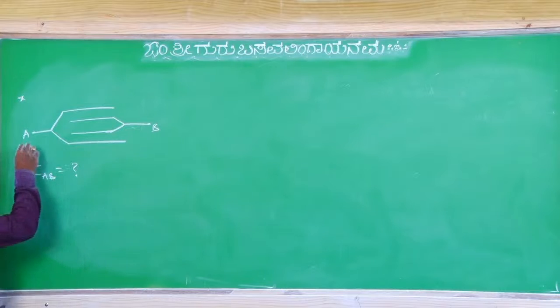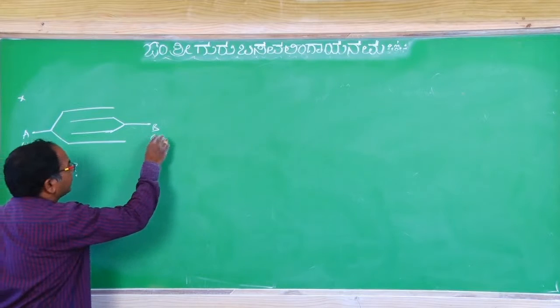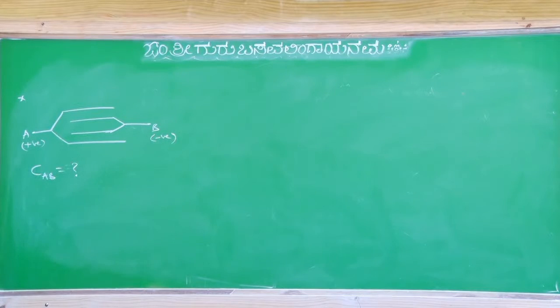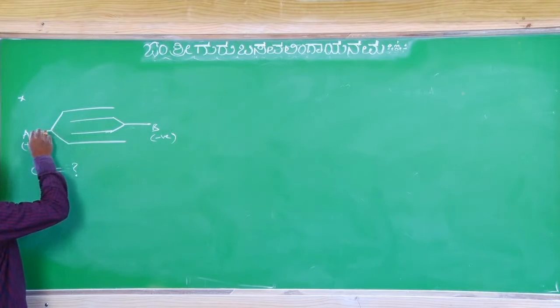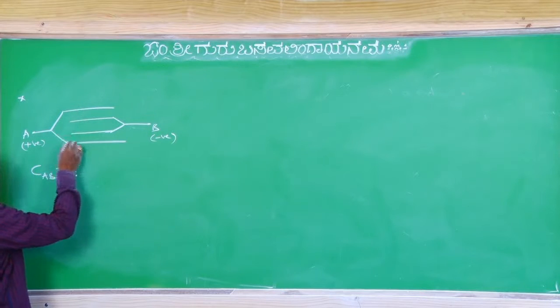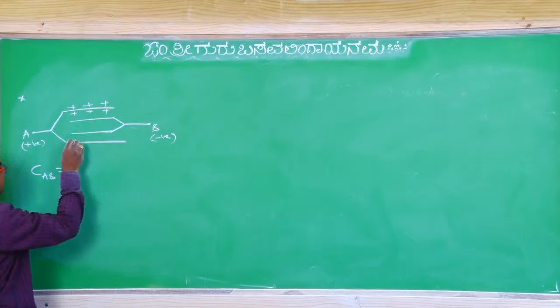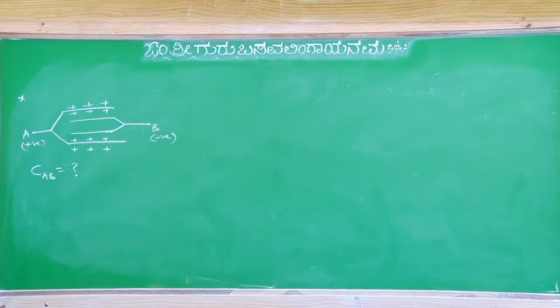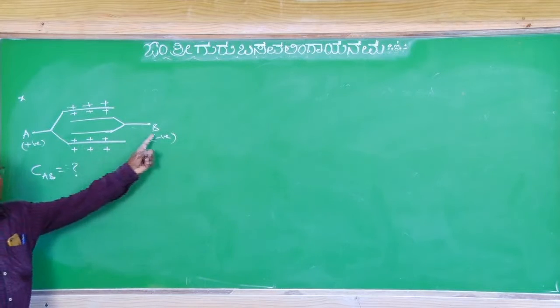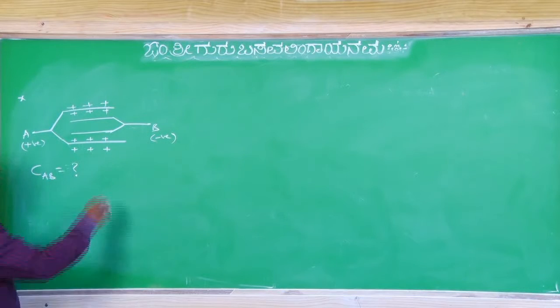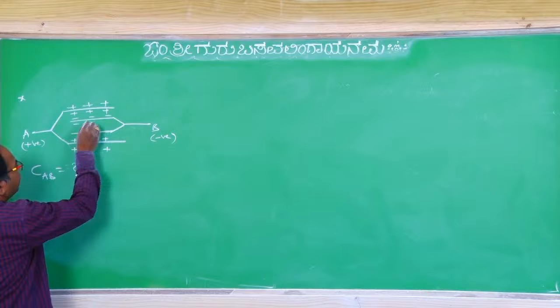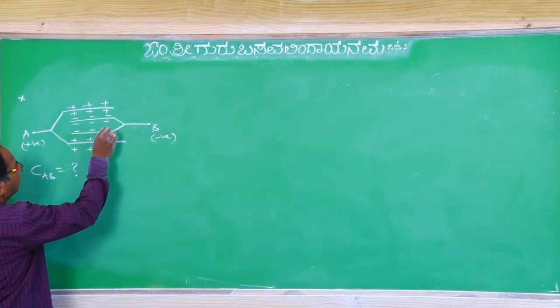Here, consider one terminal connected to positive charge and another terminal connected to negative charge. Be careful. A connected to positive means A is connected to the upper plate and lower plate. So positive charge comes here, here, here, and here. And B connected to negative charge, so negative charge comes here, here, here, and here.